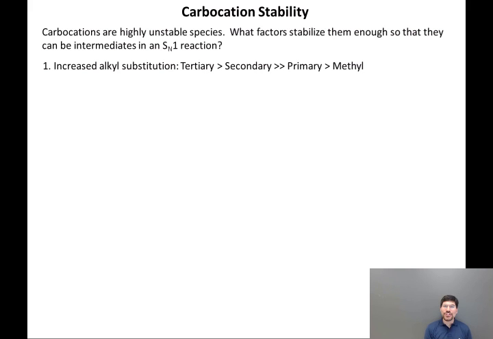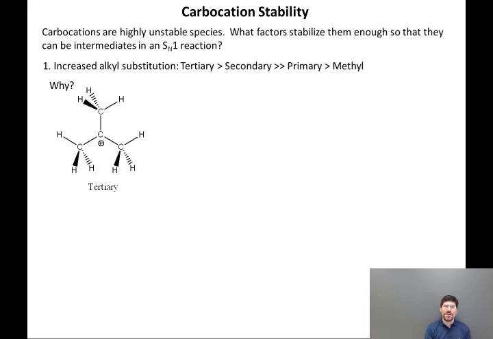So the first factor contributing to carbocation stability is increased alkyl substitution. A tertiary carbocation is more stable than a secondary, which is much, much more stable than a primary, and that's still more stable than the methyl carbocation.